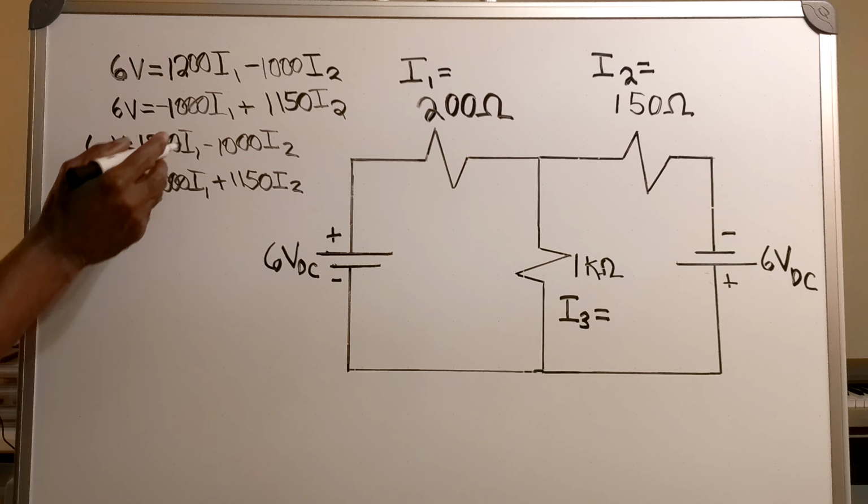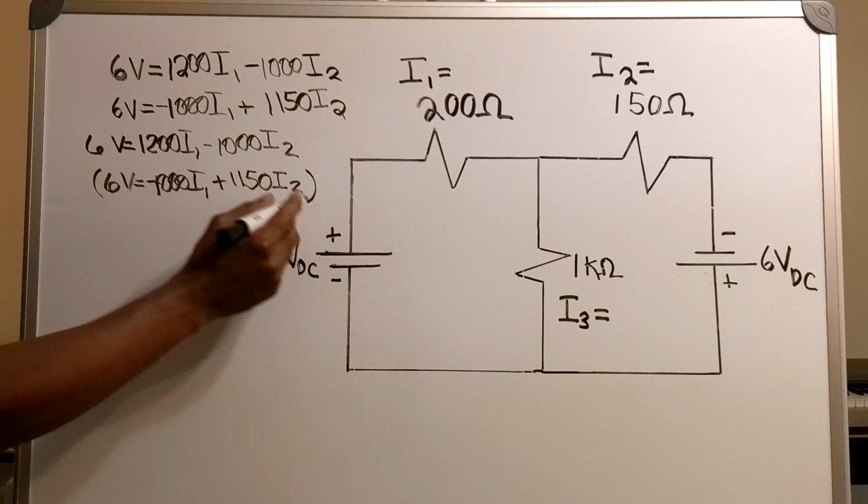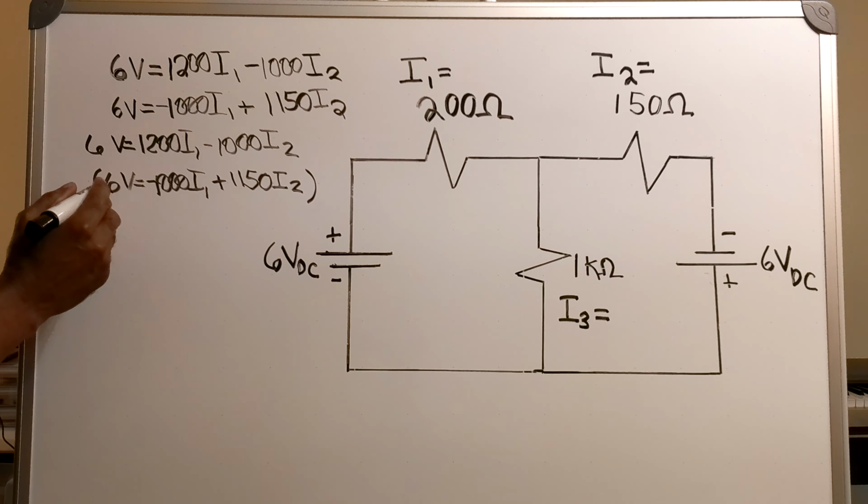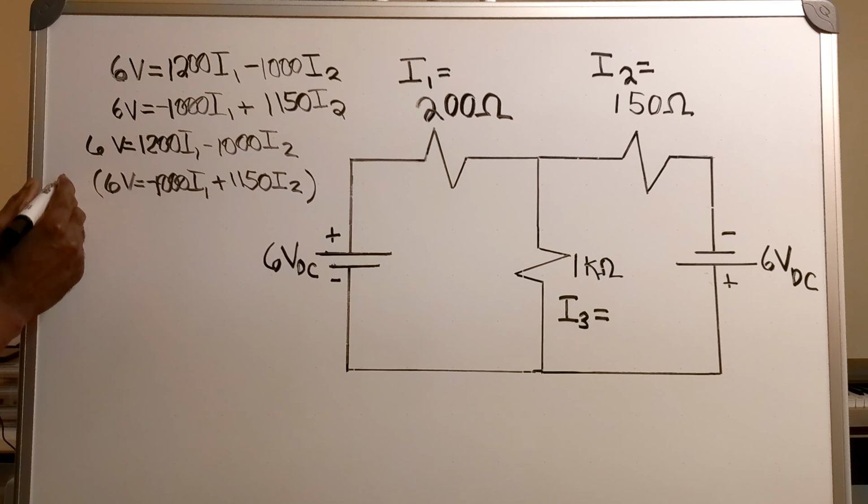And to cancel my I1 current, I'm going to multiply my bottom term by 1.2.